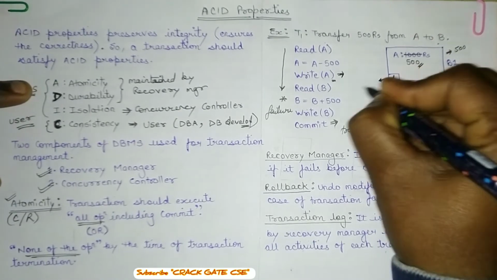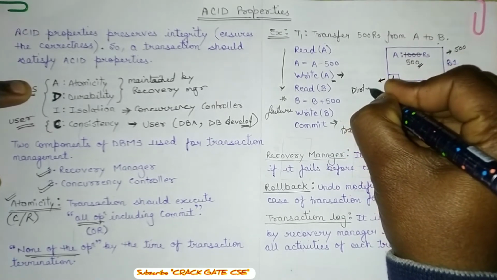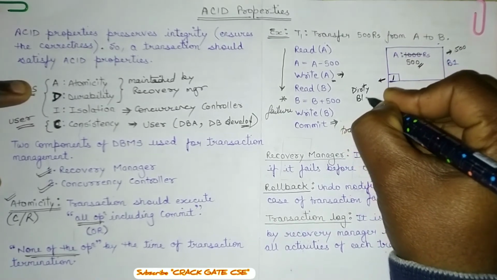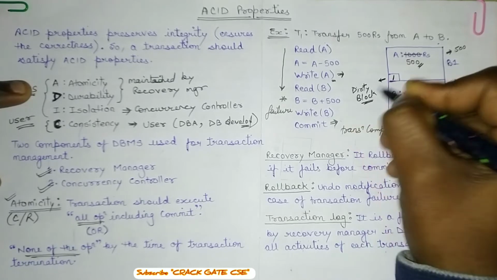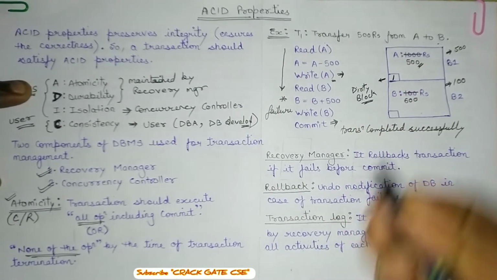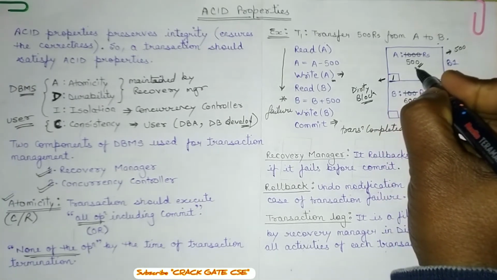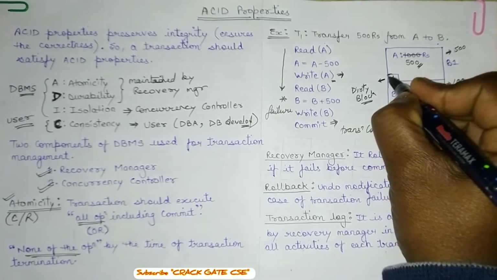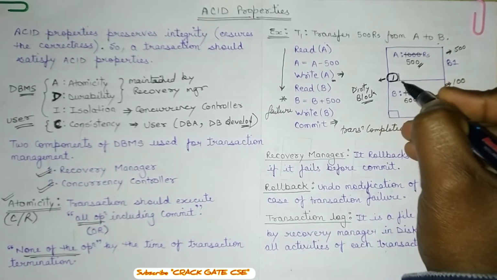So this 1 shows the dirty block. The dirty block is the block which is uncommitted. It is updated but it is not committed. So that's why it is a dirty block.